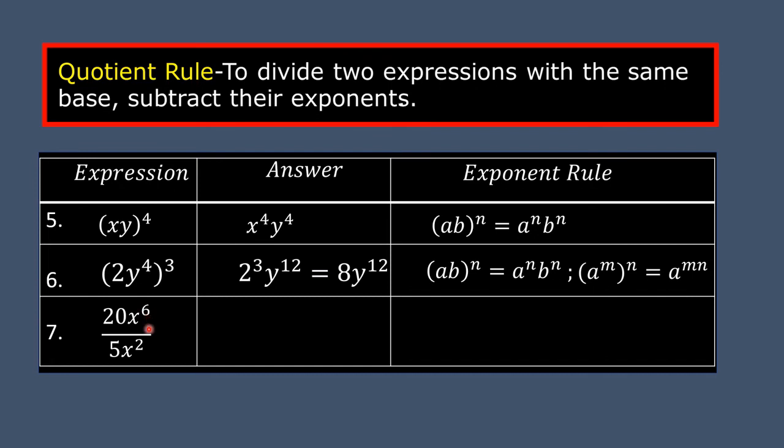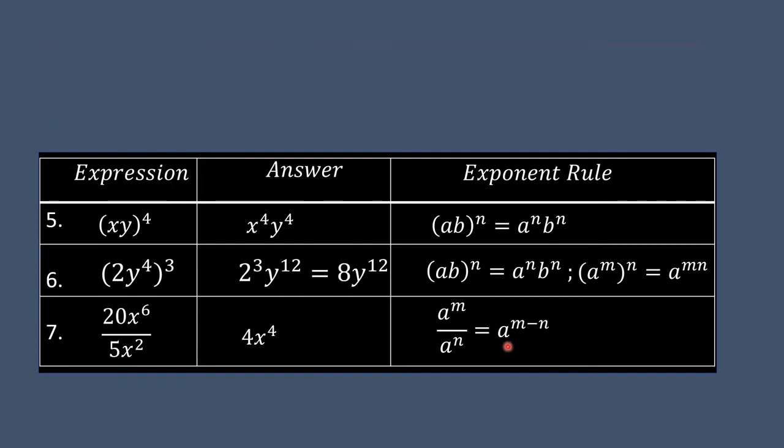So, 6 minus 2 is 4. So the answer is 4x raised to the exponent of 4. The exponent rule in symbols is a raised to the exponent of m over a raised to the exponent of n is equal to a raised to the exponent of m minus n.